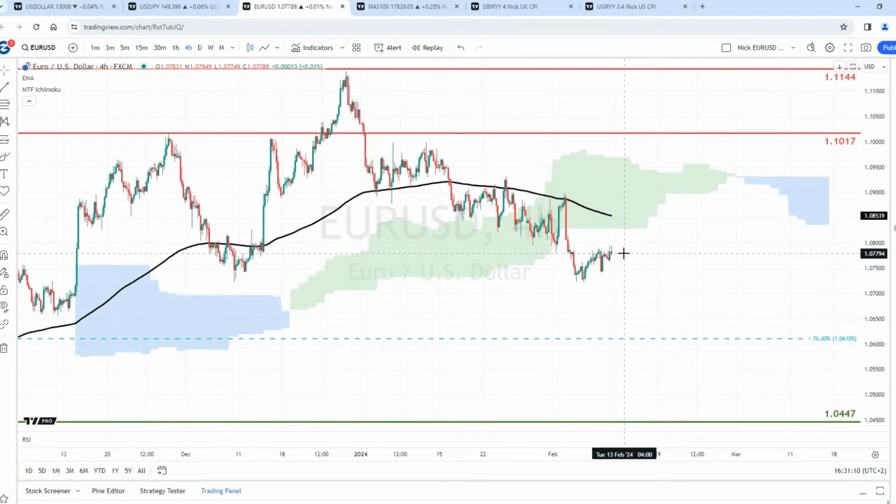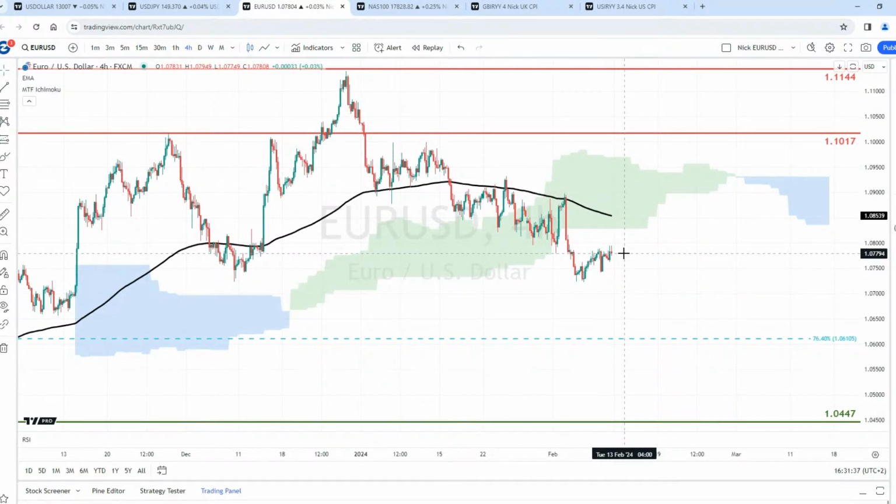Now, the immediate bias is definitely on the downside, and the pair is exposed to the 76.4% Fibonacci of the last leg up, but again, sustained weakness does not look easy. As we have said before, bias is on the downside, immediate bias, but it lacks firm direction because there are some competing factors in play here.